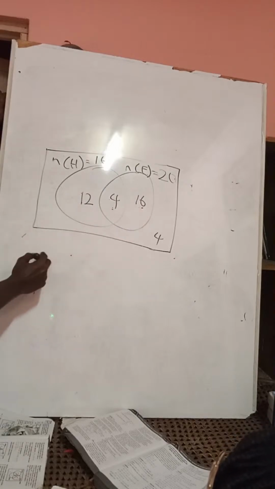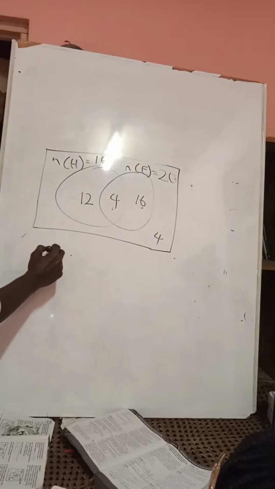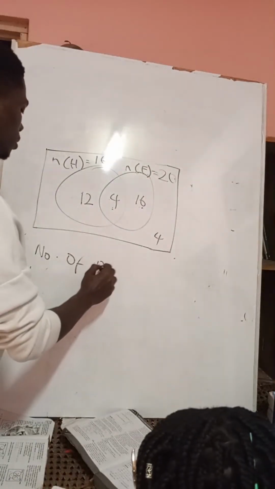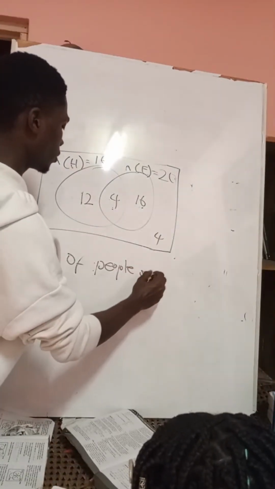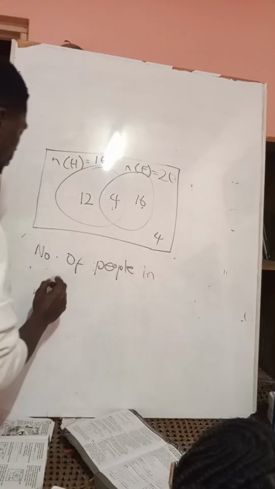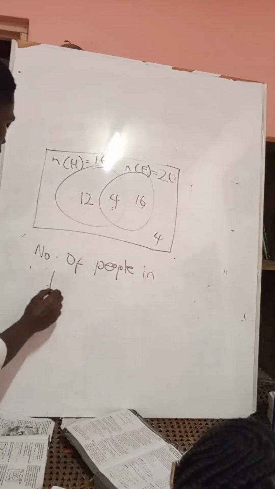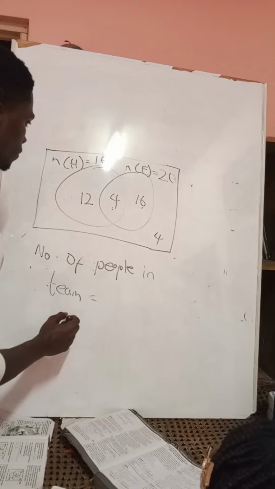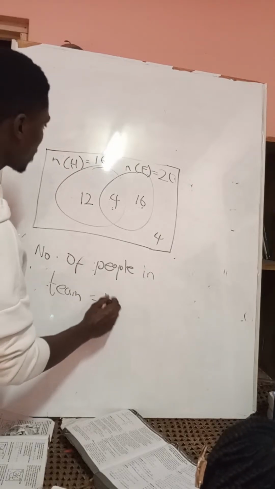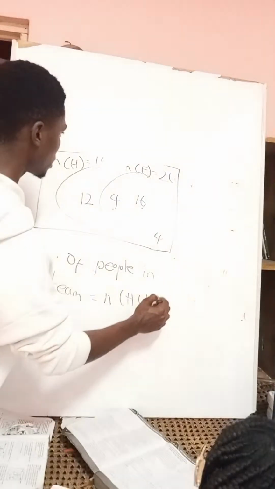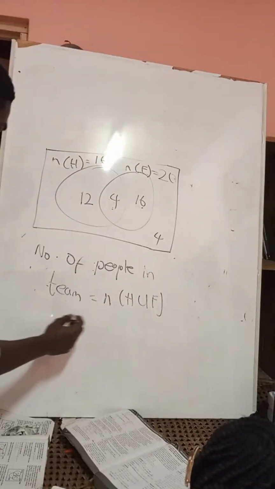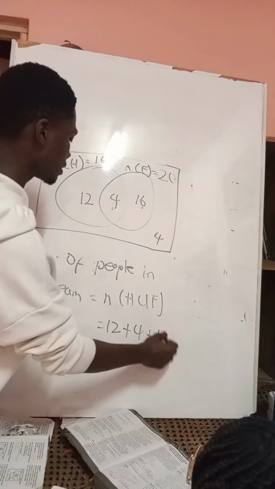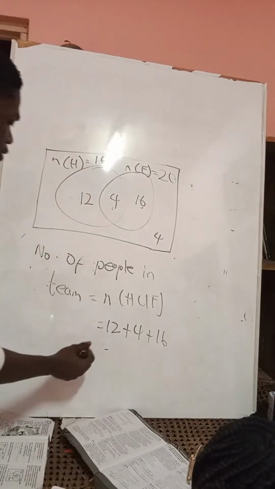So the number of people in the team is the same as number of H union F. Which is going to be 12 plus 4 plus 16.